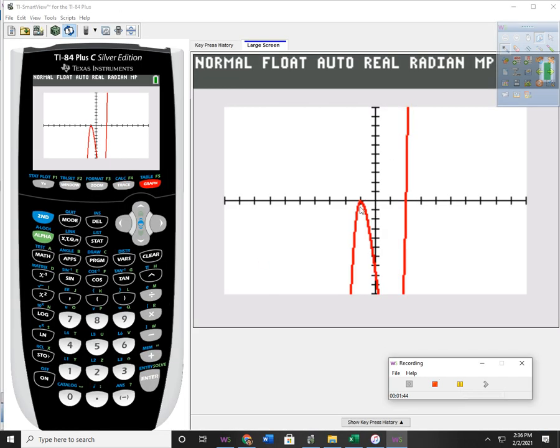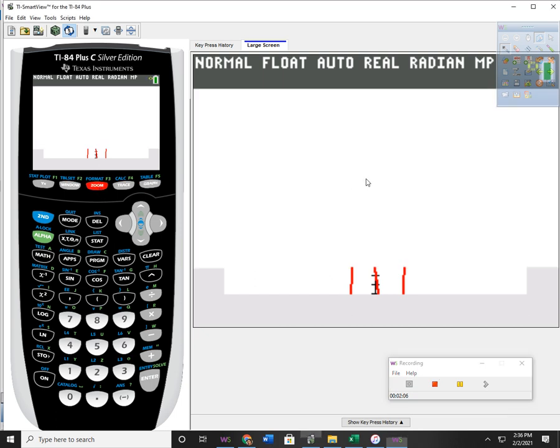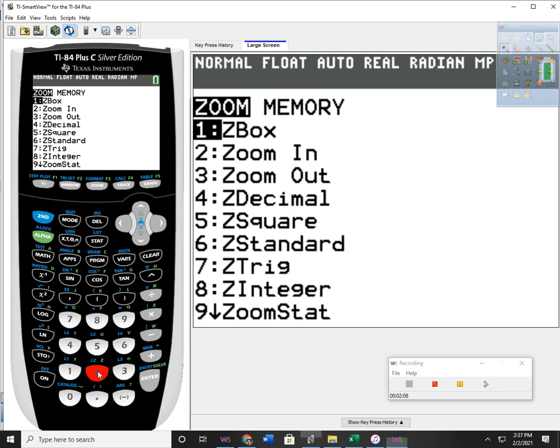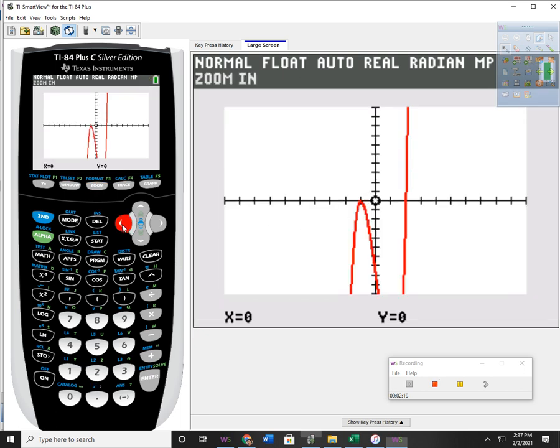So if you look at this, remember, if it curves on the x-axis, that means that that's going to count for 2 of your zeros. And then this one's crossing through, so that counts for 1. And if you're not sure if it's crossing right there, because remember we had a problem in the last lesson where it looked like it was turning on the x-axis, but it wasn't, you can go to zoom and zoom in, and then just move your little guy over to where you want to zoom in and look.